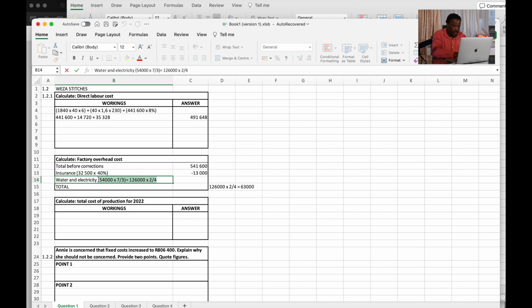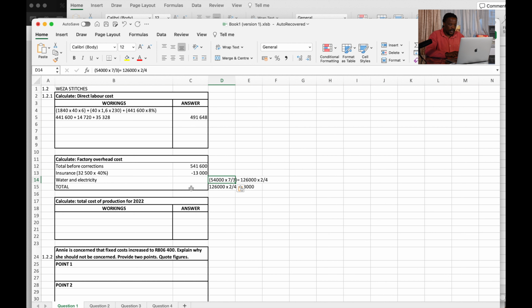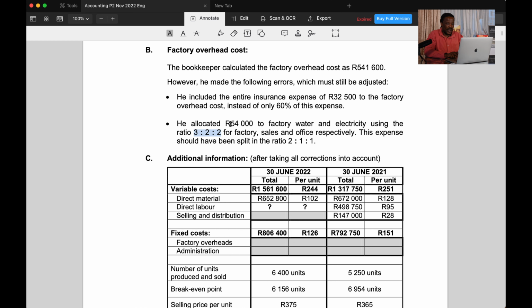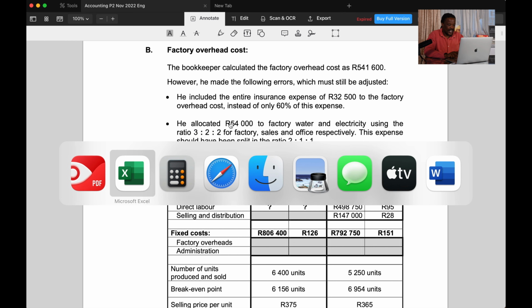Cut, paste, and deal with water and electricity: 63,000, which is what I just got. Let's record it in the correct field. 63,000 minus what was paid because of the wrong ratio, 54,000.